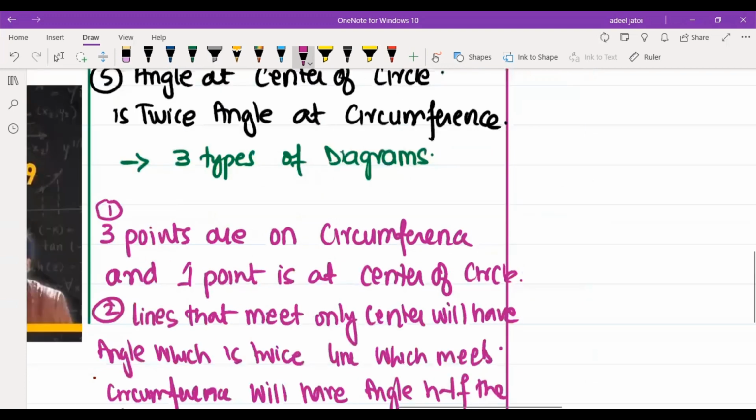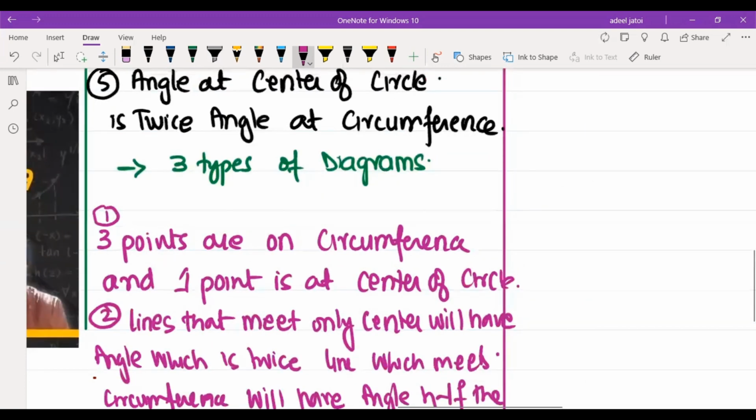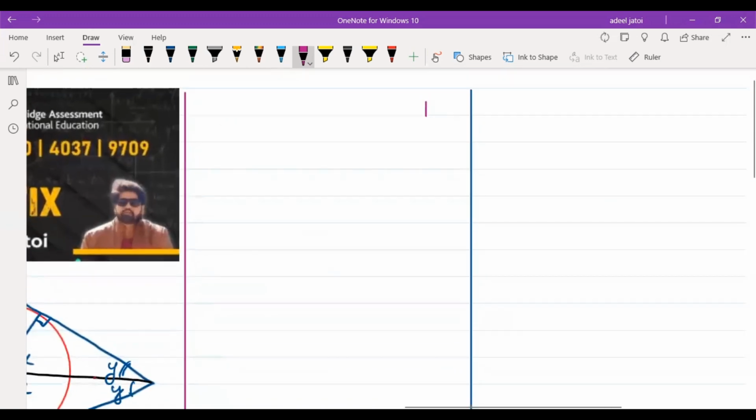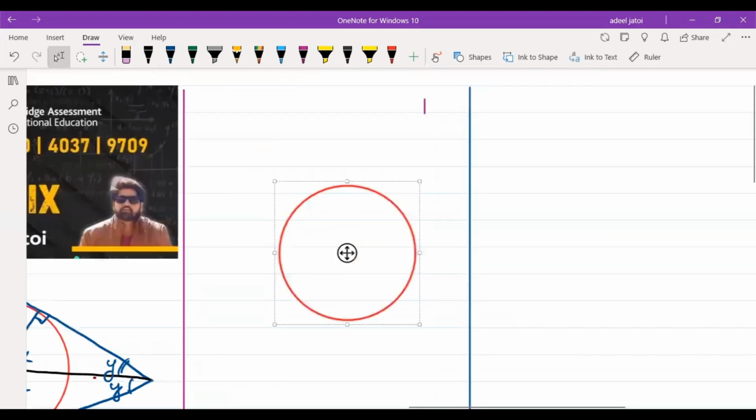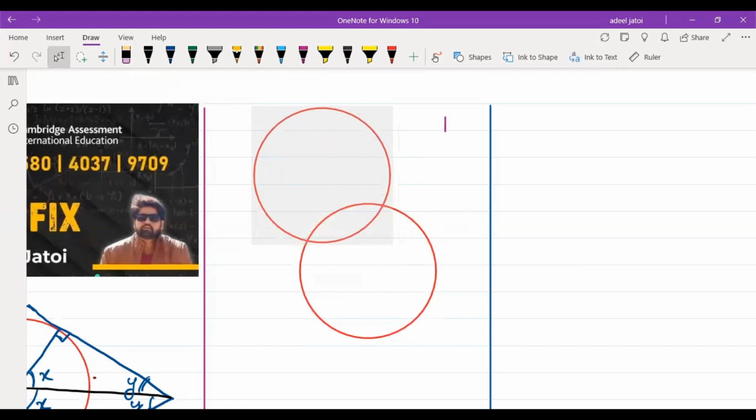Now, this means that let's work upon the types of the angles, the angle at the center of the circle being twice the angle at the circumference, and also knowing what angle is twice and what angle is the singular. Let's work upon the triangle itself. Let's say we have this triangle, we have this circle.